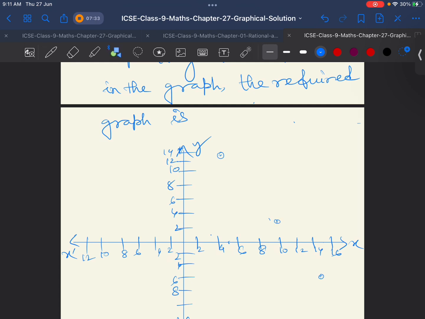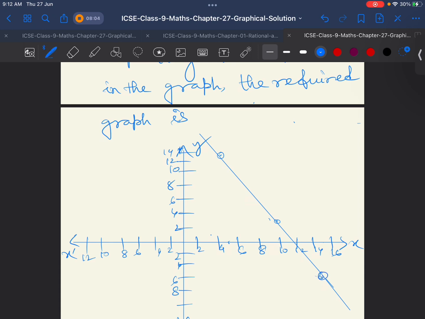Okay, now we draw the line. This is the straight line. So this is the line.